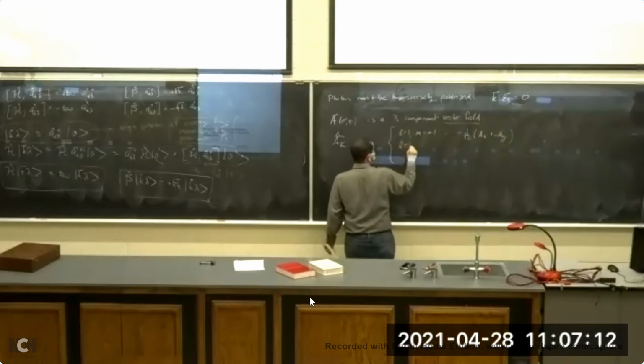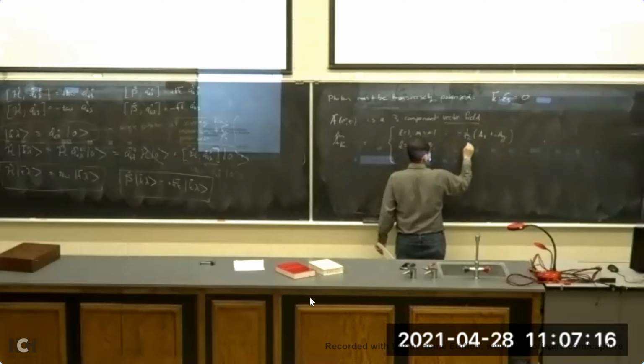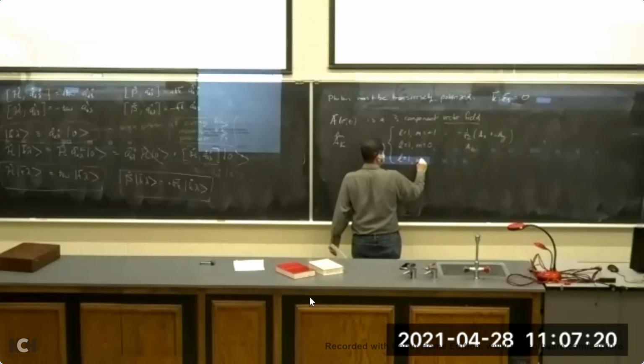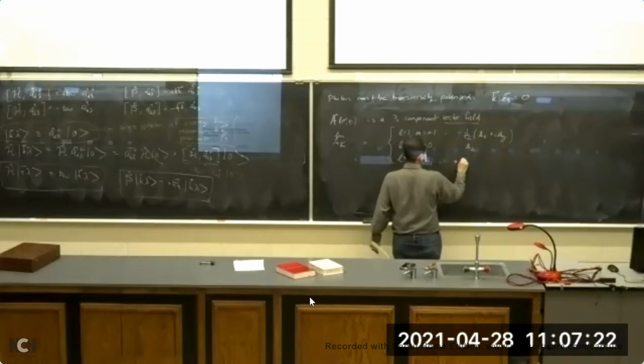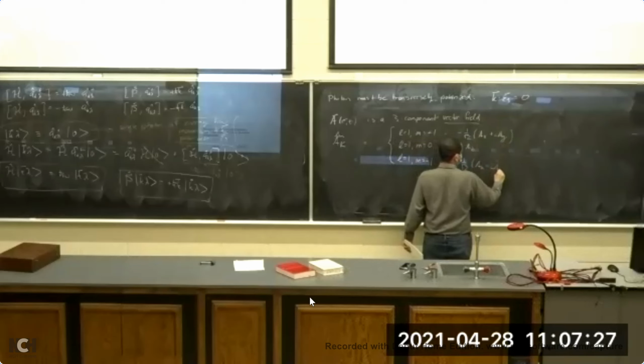I can talk about the L equals 1, M equals 0 component, which is just A_z. And I can talk about the L equals 1, M equals minus 1 component, which is plus 1 over root 2 times (A_x minus i A_y).